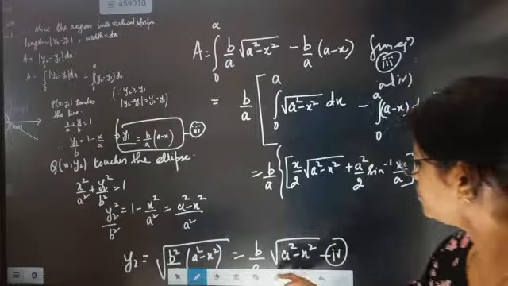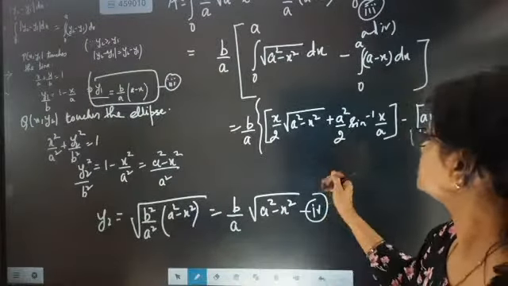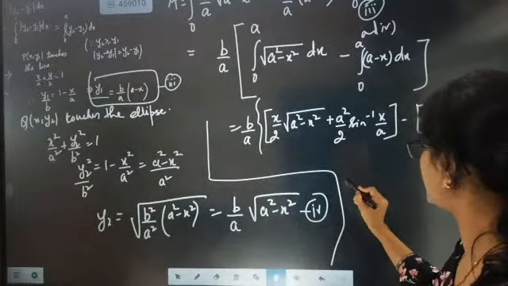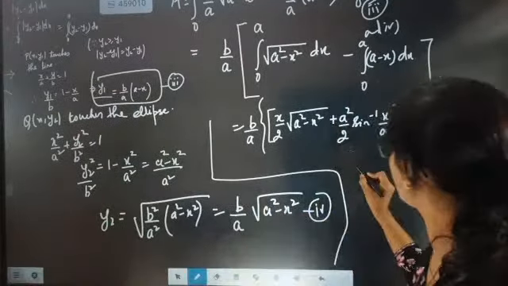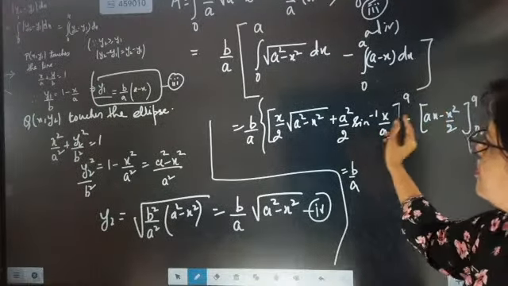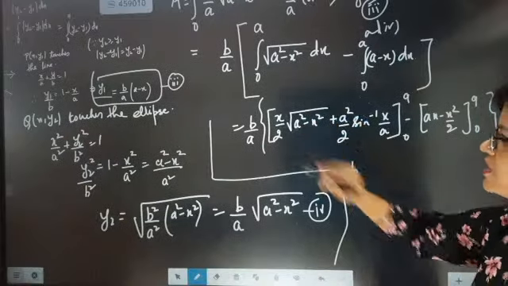So now what we have to do is, I just put curly bracket outside. This section is already written, so I'm going to write this part here. So now b by a part is already out. One time you substitute here a. The moment you substitute a, it will become a by 2, but this part will become 0.